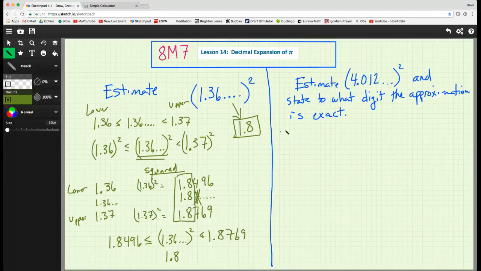Now let's try the same strategy with 4.012. Okay, so here we go. Our lower bound on 4.012 dot, dot, dot is 4.012, and that's less than or equal to 4.012 dot, dot, dot, and that's less than 4.013.